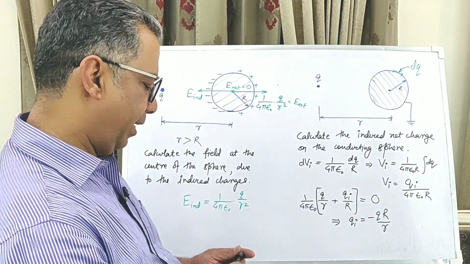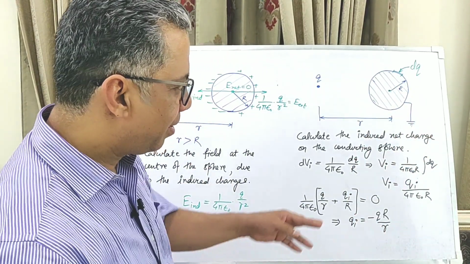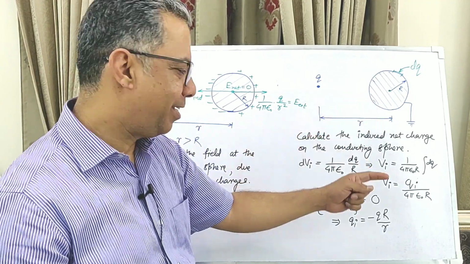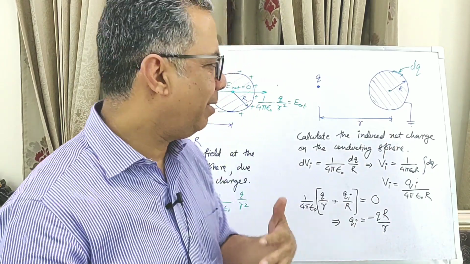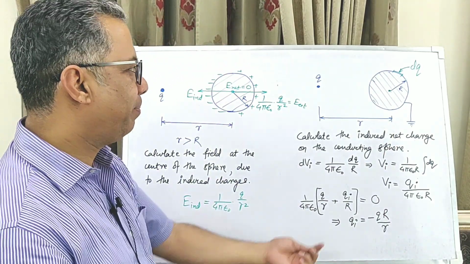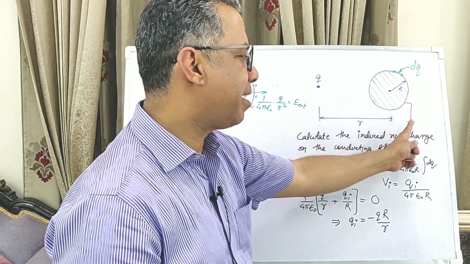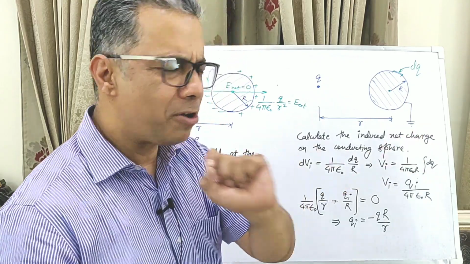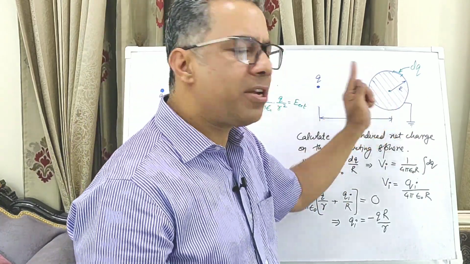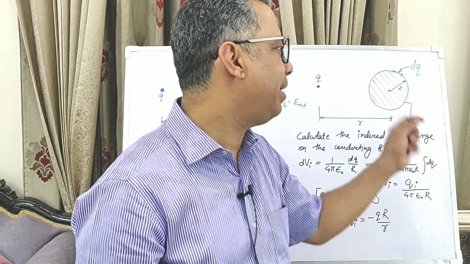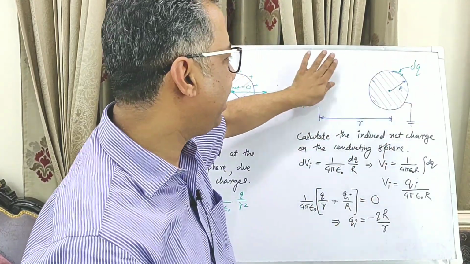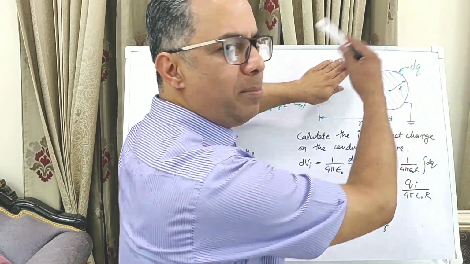Very interestingly, you will notice the charge on the conductor is not 0. So occasionally there will be books which will say the charge on an earthed conductor is 0. Not really. Not unless the conductor is completely isolated. Isolated meaning there are no charges in its neighborhood.